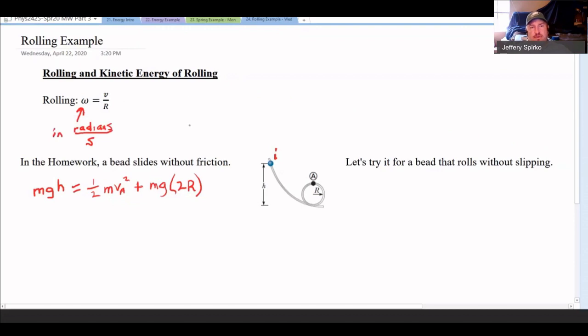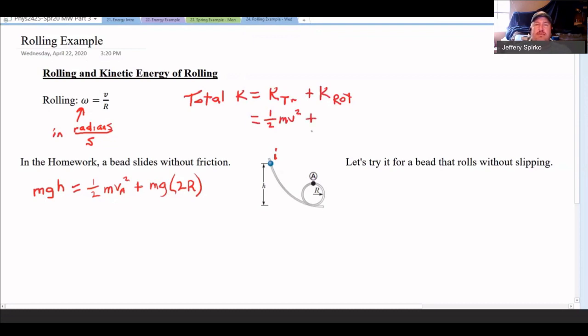The next important thing we need is the total kinetic energy, which is K translational plus K rotational. And we know what the translational kinetic energy is. That is 1/2 mv squared.